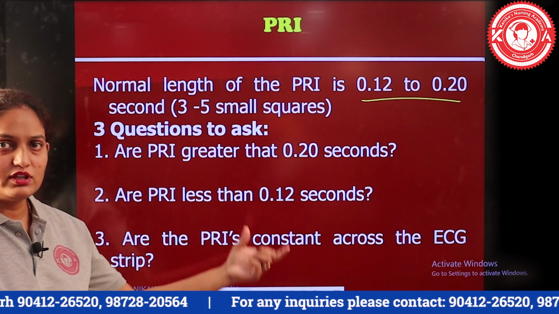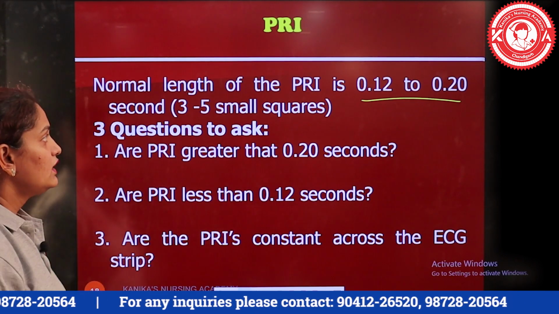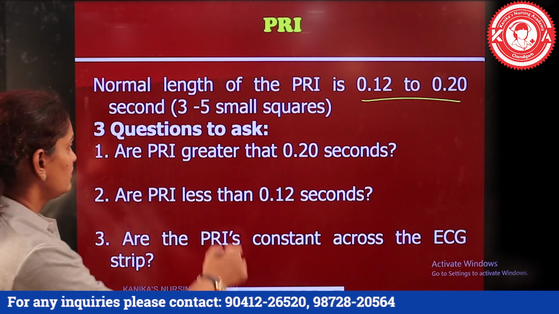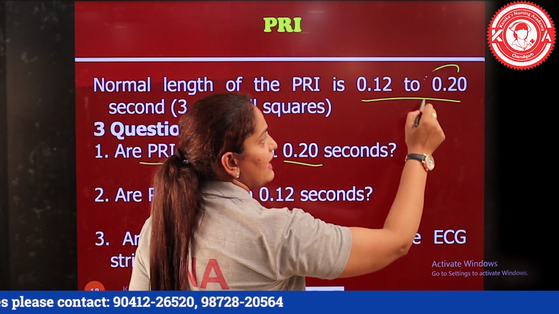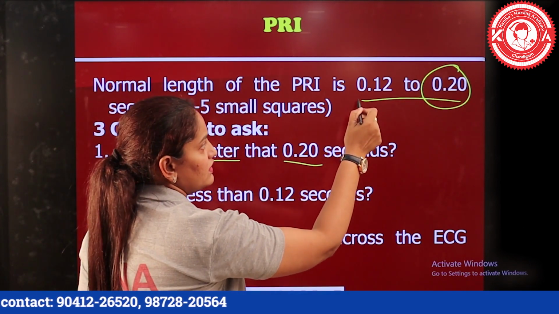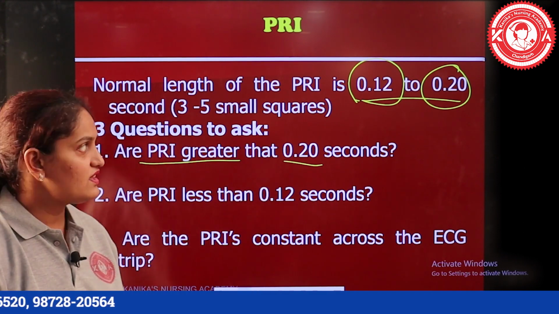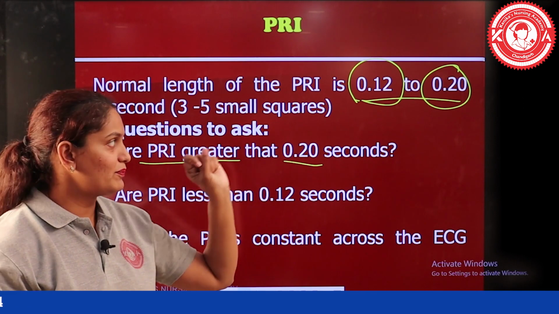So we have basically three questions which we have to answer from the ECG strip by looking at the PR intervals. The first question is, are the PR intervals greater than this higher range, and second is, are the PR intervals less than this lower range. These are the first two questions. So I would just like to answer them one by one.